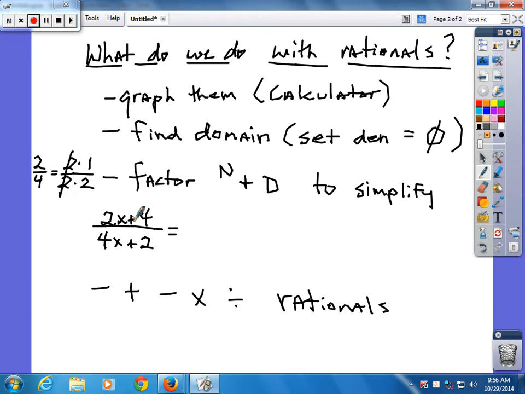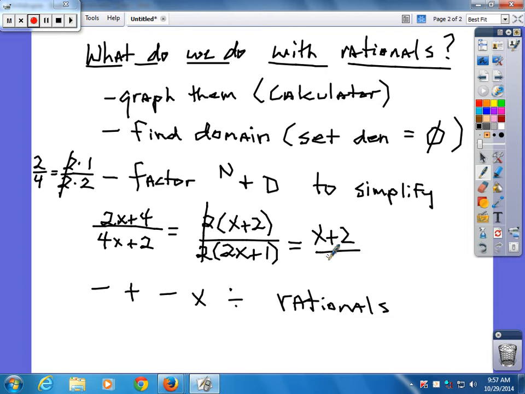Well, factor out a 2: 2 times x plus 2 over 2 times 2x plus 1. And what happens to the 2's? You're left with x plus 2 over 2x plus 1.